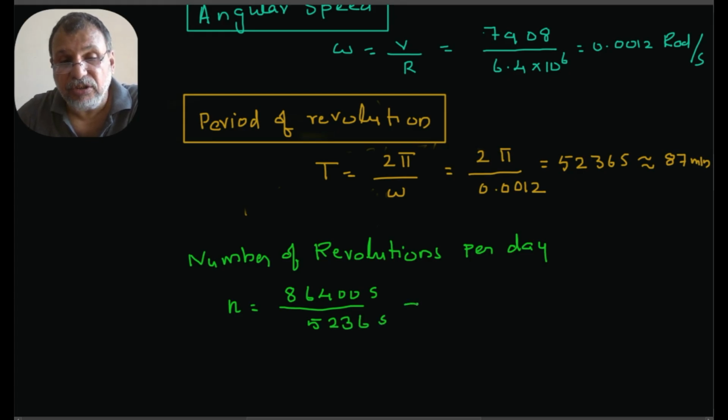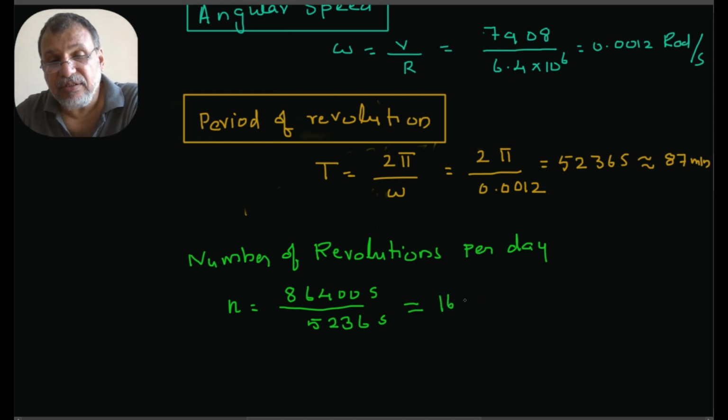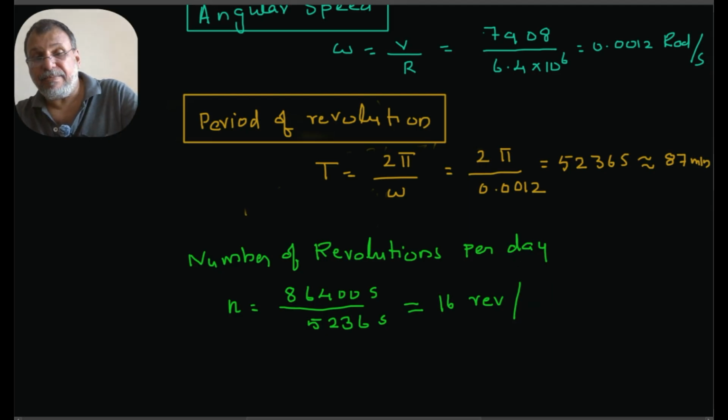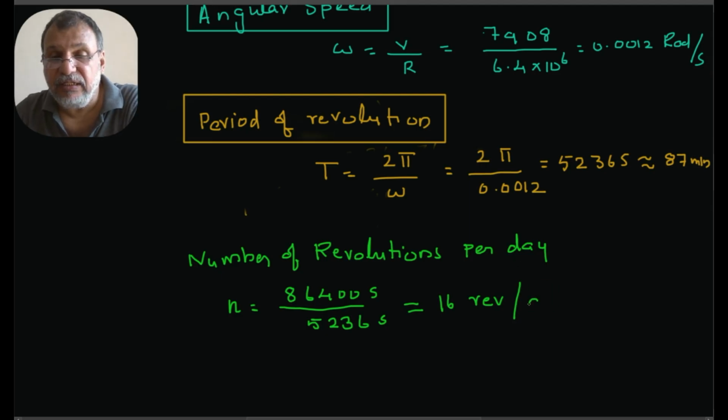This is about 16 revolutions per day. So these are the details you can obtain about near Earth orbit satellites.